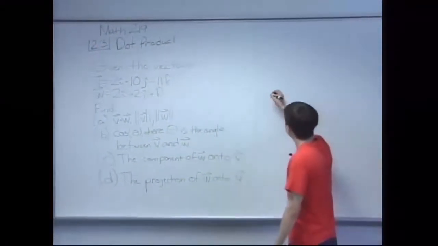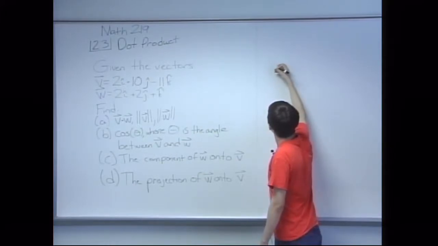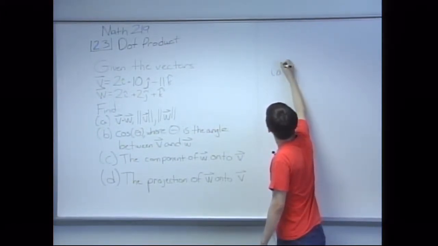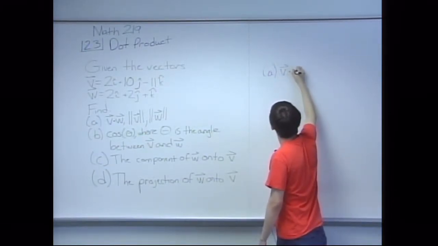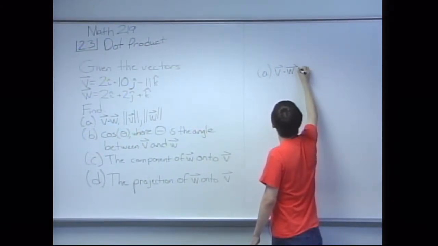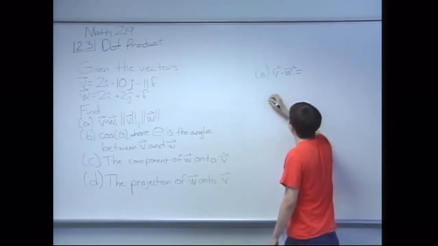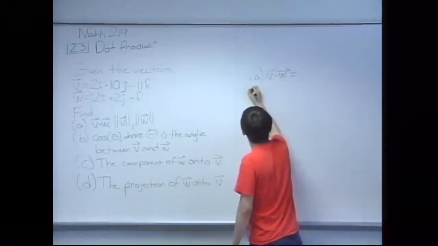Okay, so the first quantity that we're going to find is the dot product between the two vectors, vector v dotted with vector w. I'm just going to go ahead and rewrite the two vectors over here.